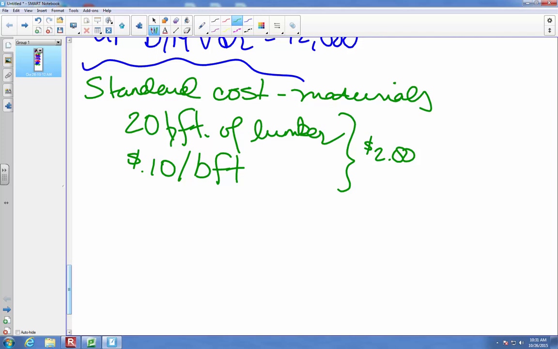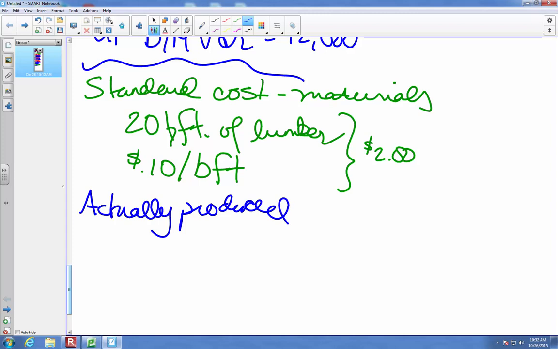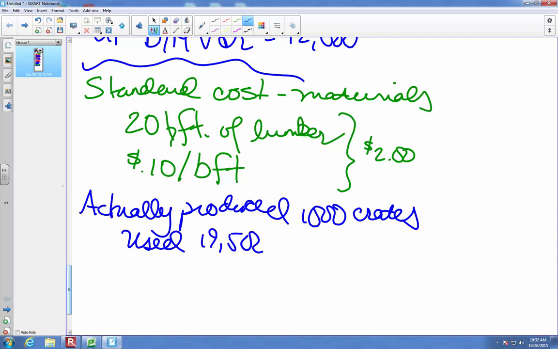Then I go down the road and I actually produce, right? And so what happened next, the next set of data, is I actually produced 1,000 crates. And I used 19,500 board feet.